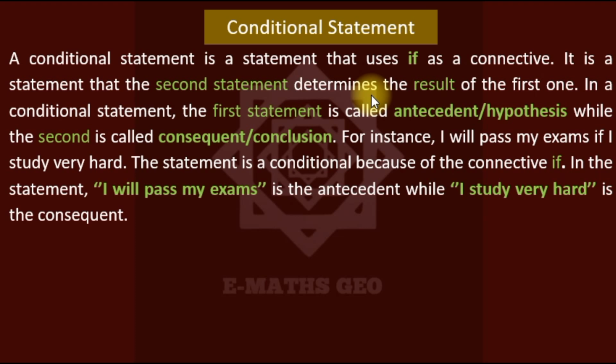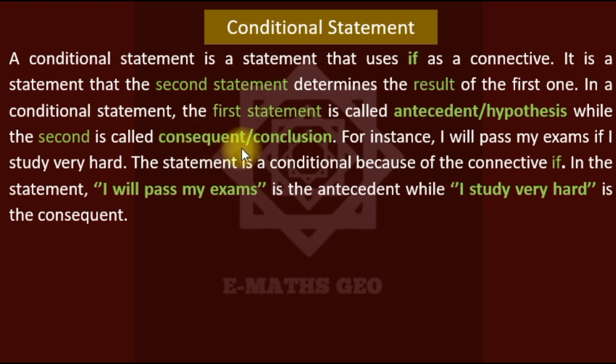That second statement is the major thing that determines how true the statement is. In any conditional statement, the first statement is called the antecedent or the hypothesis, while the second statement is called the consequence or conclusion. Have you seen it? The second one is the major statement, that's the consequence or conclusion.